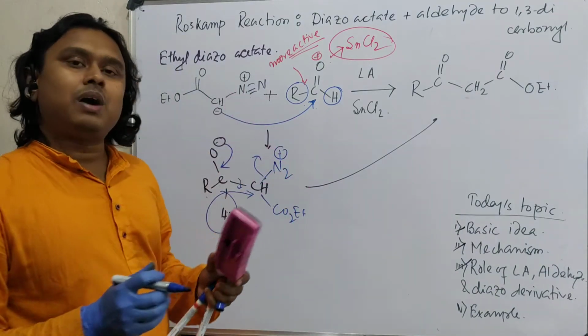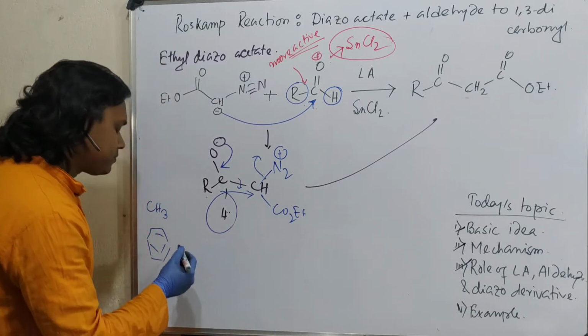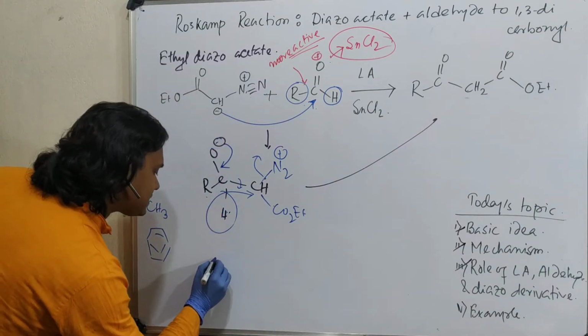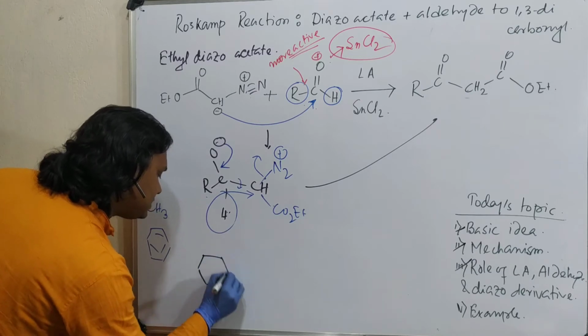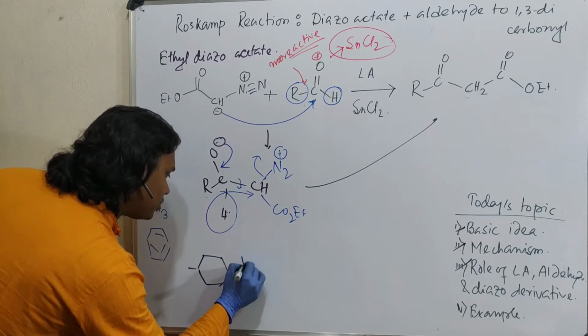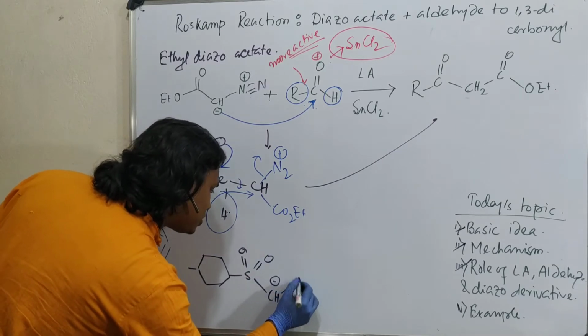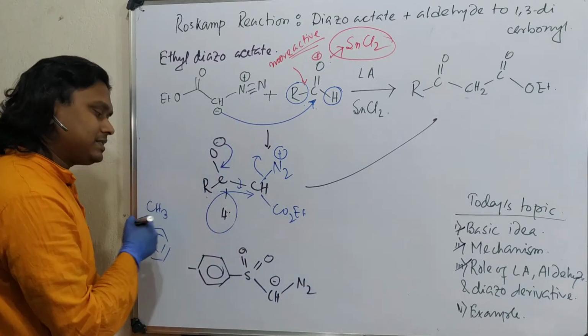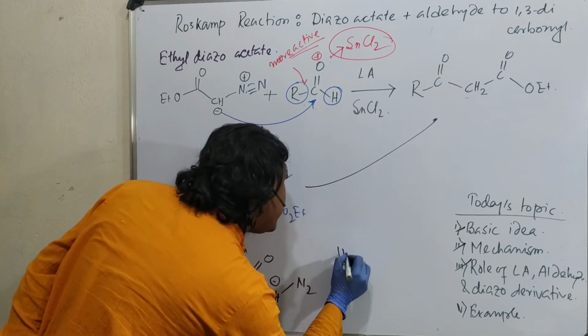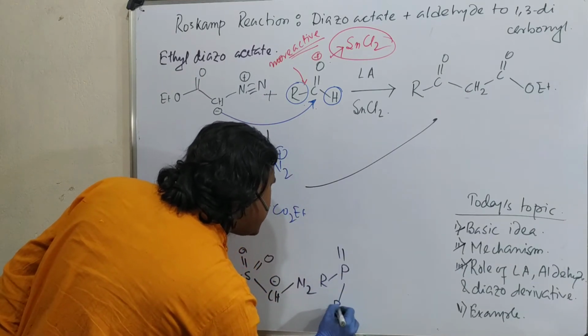Not only this, there are some other diazo substituents. If you take the sulfonate derivative, this diazo derivative with para-toluene, or you can take phosphine oxide.